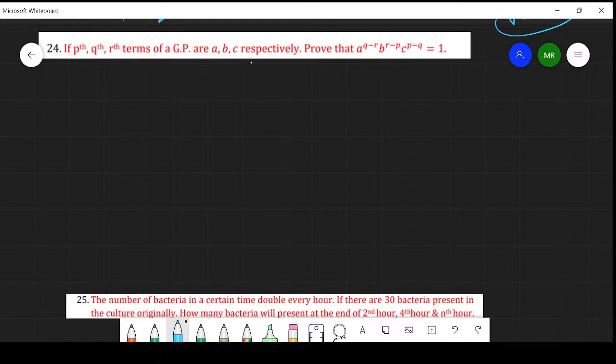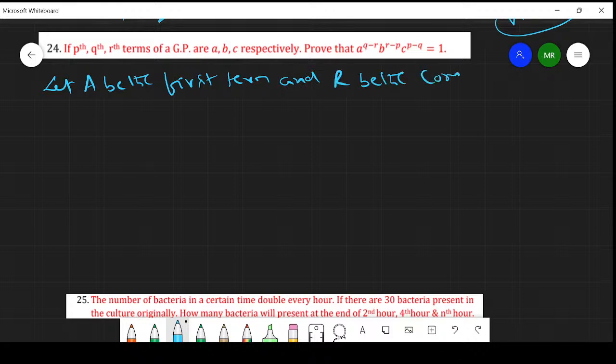When the terms are a, b, c respectively, to understand this, I will write: let capital A be the first term of the GP and capital R be the common ratio.